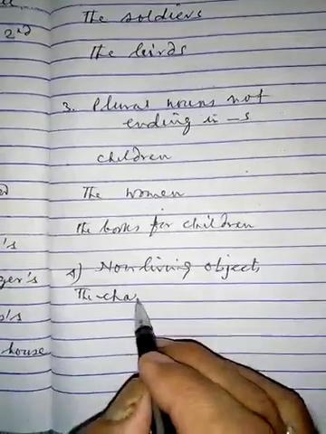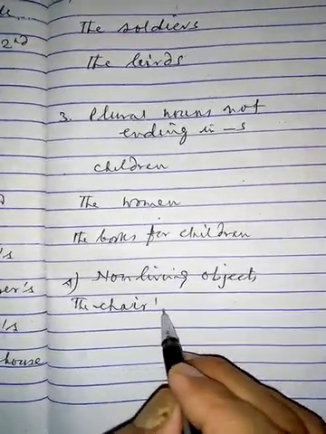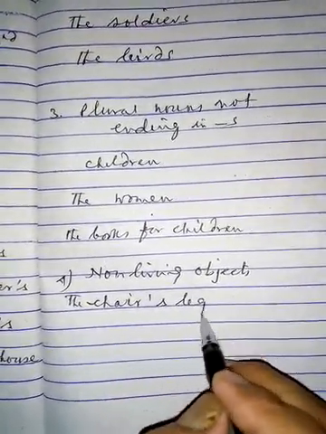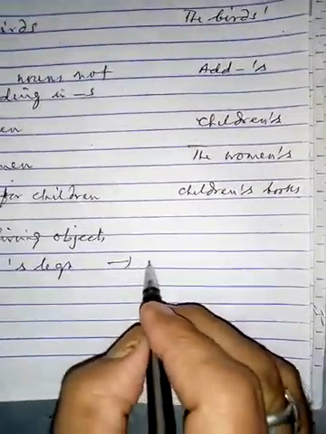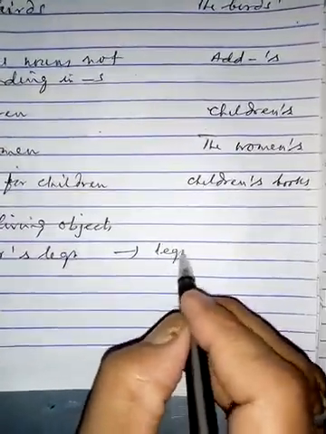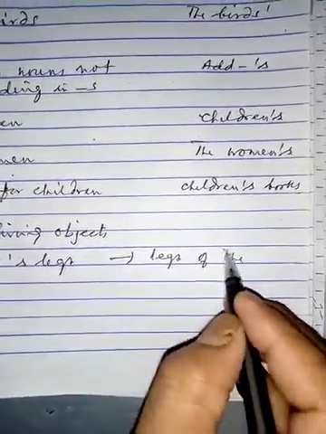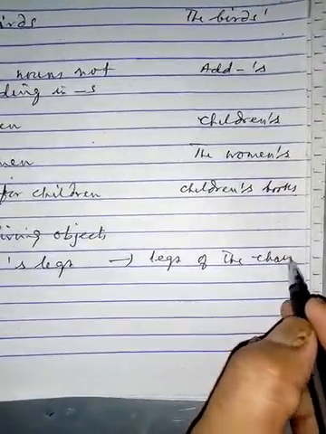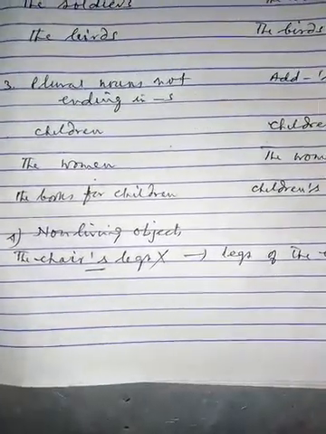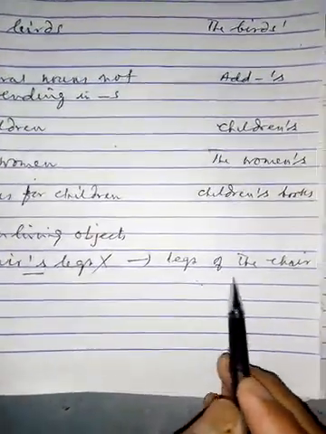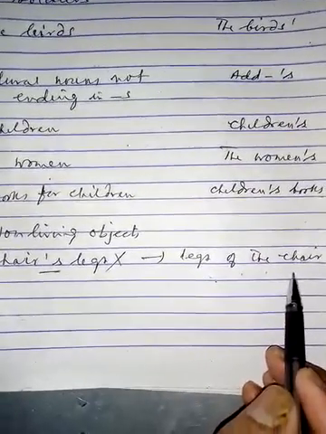This one can be written legs of the chair. Actually, this sentence is wrong. This is the right sentence: legs of the chair.